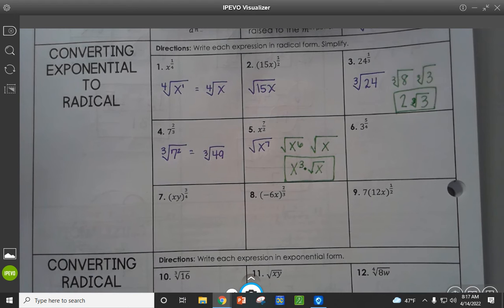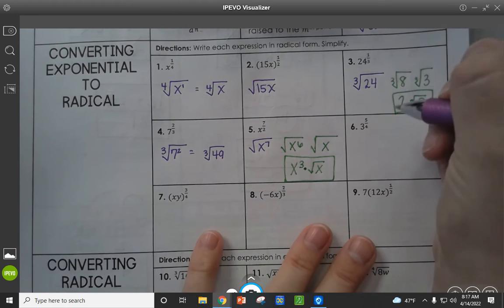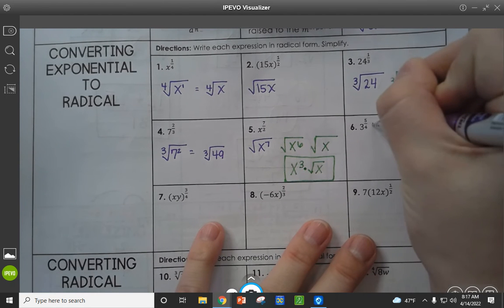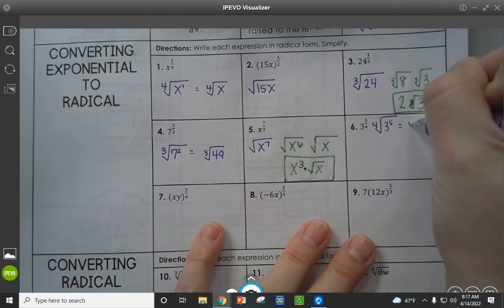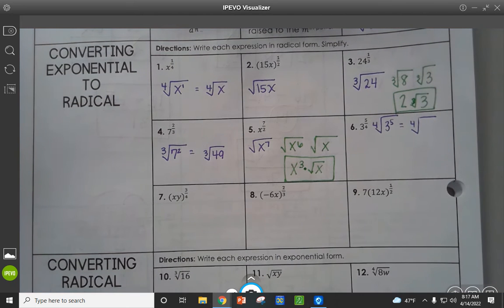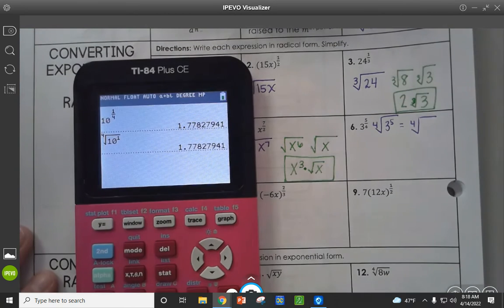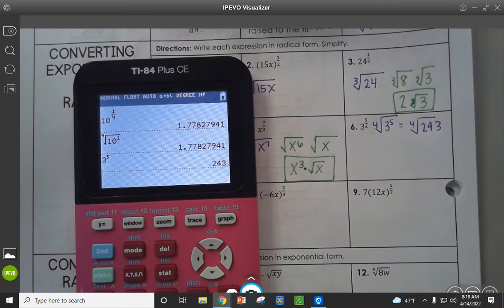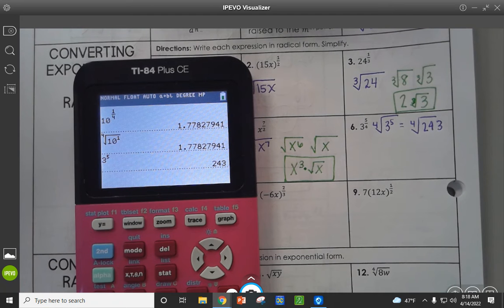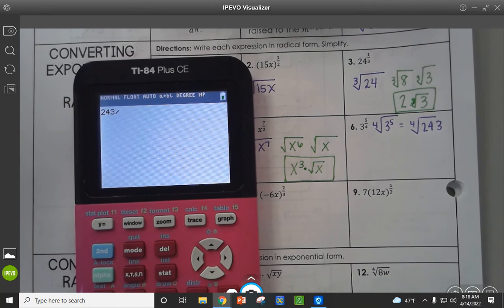Number 6, what type of root do we have? Fourth root of 3 to the 5th power. Well, what is 3 to the 5th power? It's 243. We need to see if there are any perfect fourths that go into 243.